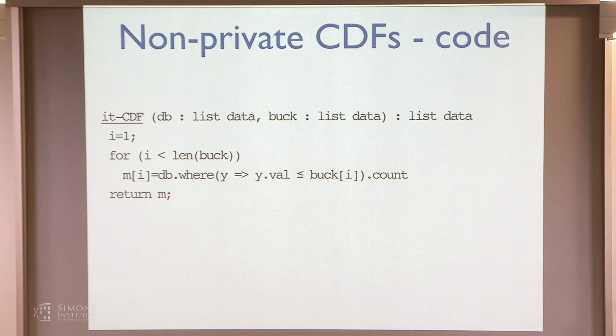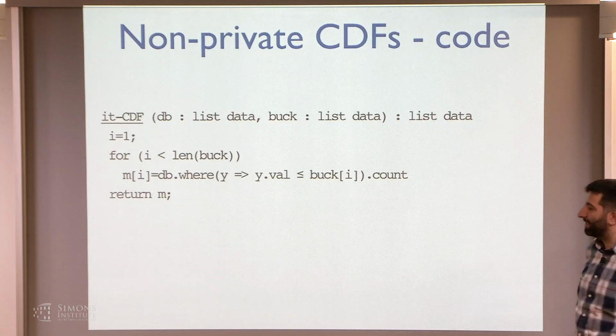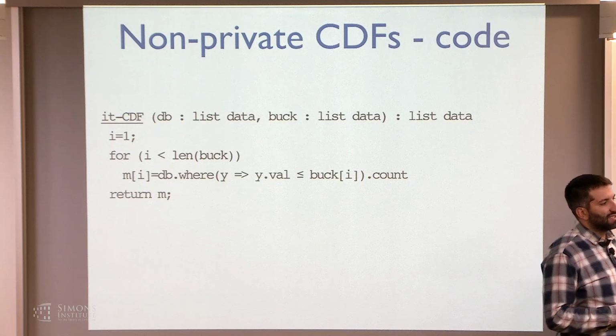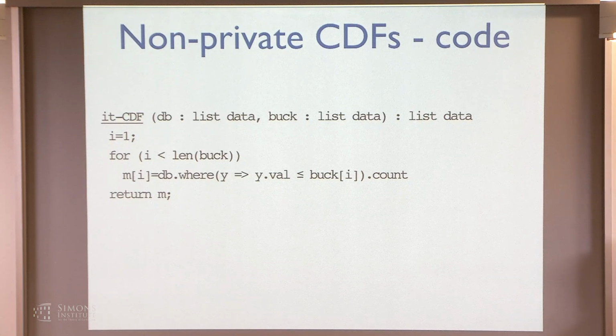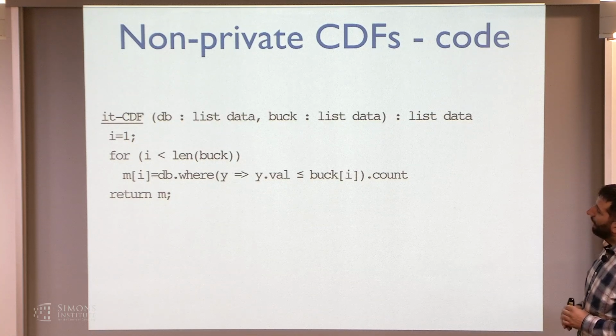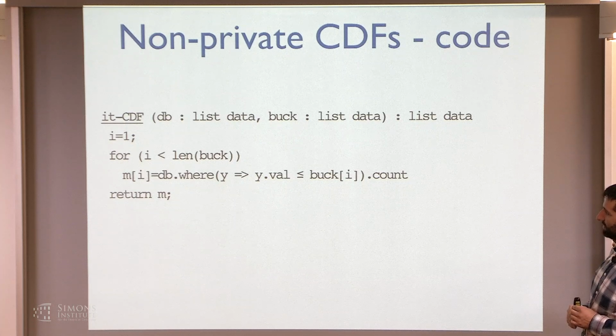Here it is. Let me walk you through this code. Here I use something a bit less low level than the previous example, because I use what nowadays we have available in many languages, which are some combinators to do filtering, to do composition, and so on. How can we interpret this?